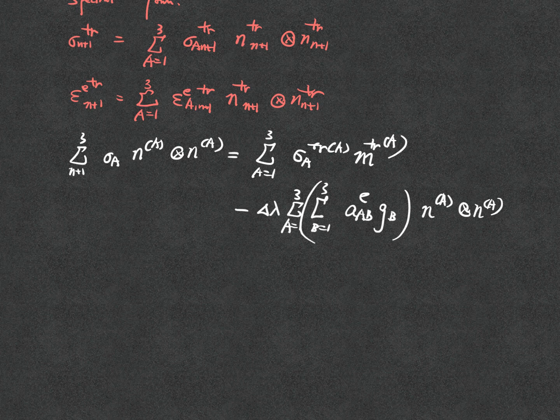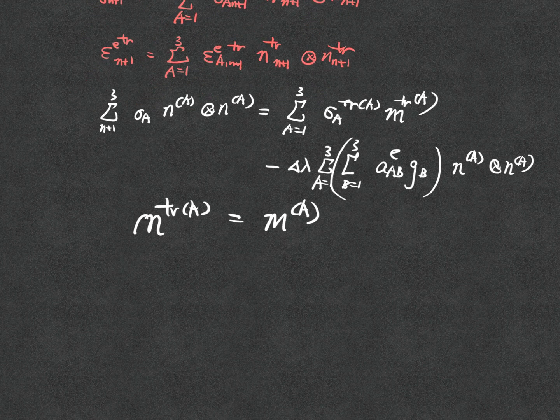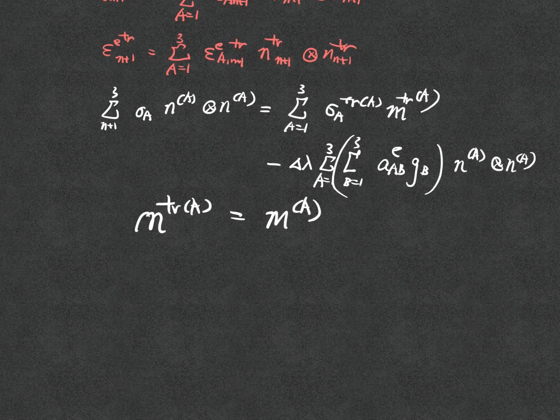Now, there is also one very important thing from these equations: if the underlying material is isotropic, then we have a very important simplification, that n trial A is equal to m A. The trial principal directions and the actual principal directions are identical.